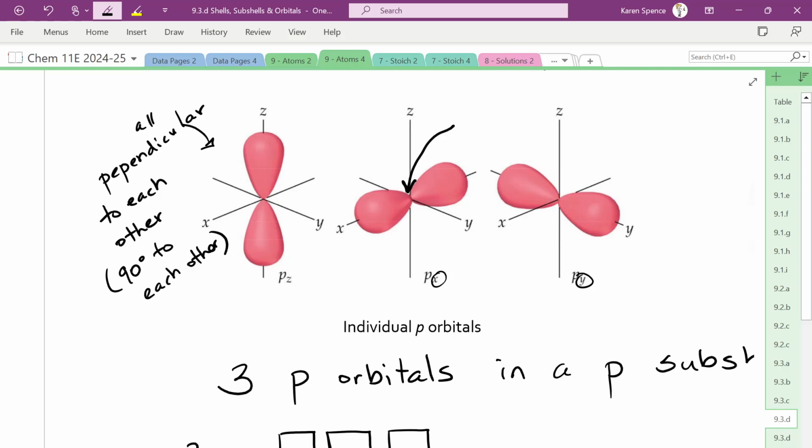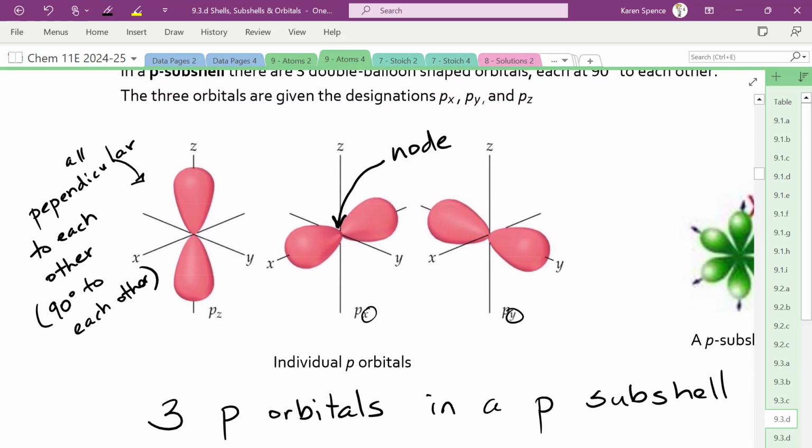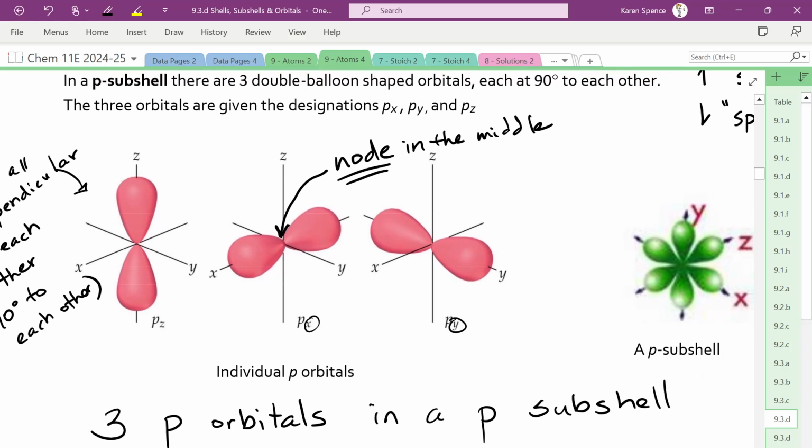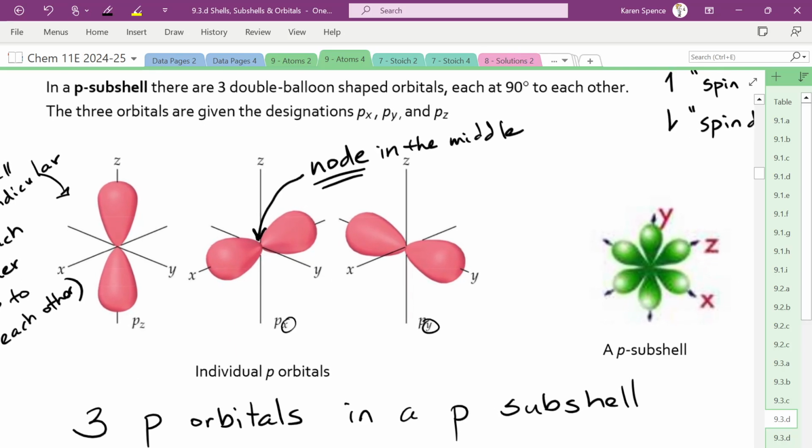Isn't that nice? Node. There's no probability of finding an electron there. Like the middle? Yeah, right in the middle. There's no probability of finding an electron at the nucleus.